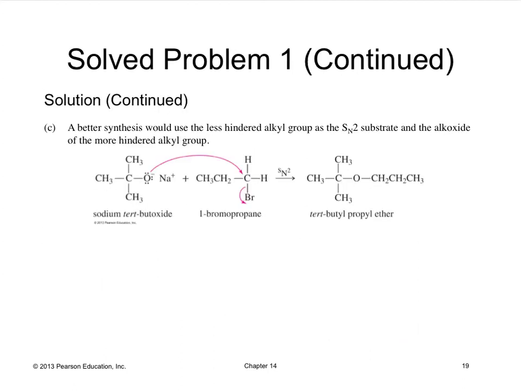So a better synthesis would be to generate the sodium tert-butoxide first, using 1-bromopropane as your alkyl halide, and then you're doing nucleophilic attack in an SN2 reaction, the leaving group leaves, generating your tert-butyl propyl ether.